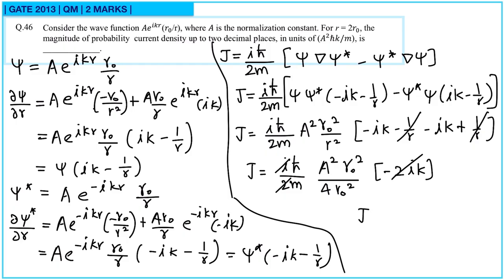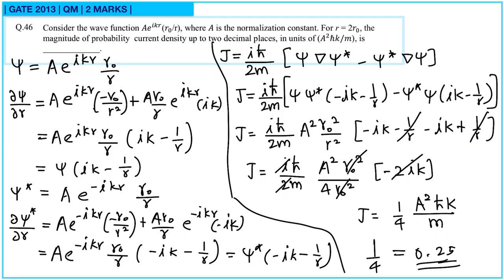And finally you will get J is equal to 1 by r, then this r naught will also cancel, then A square h cut k upon m. So in the units of A square h cut k by m, this is 1 by 4. So the answer is 1 by 4. And we have to write it up to 2 decimal places, so 0.25 is the correct answer here.